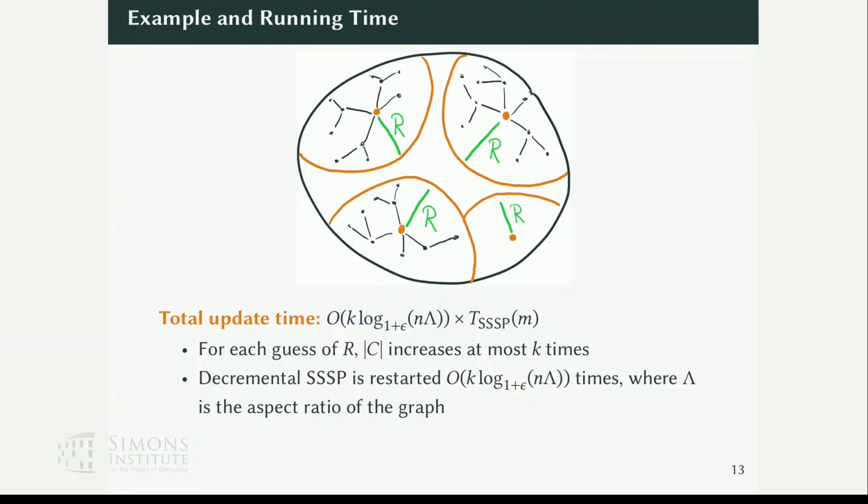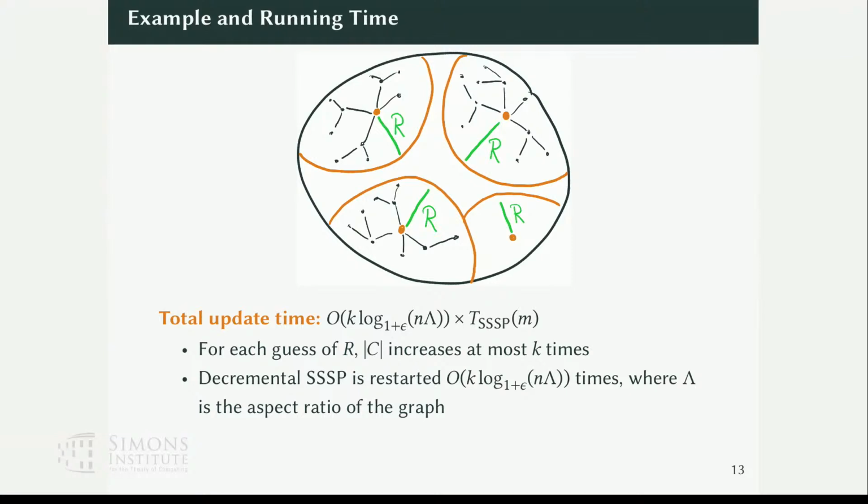For each guess of R that I make, for each scale, this set C increases at most k times, because I'm looking at k center. So this decremental single source shortest path algorithm is restarted k times a logarithmic value times here. Lambda is this aspect ratio of the graph.